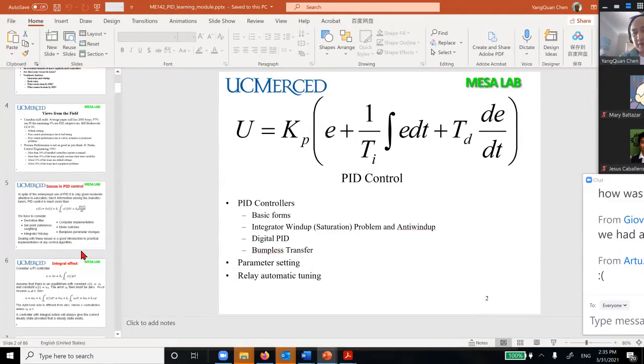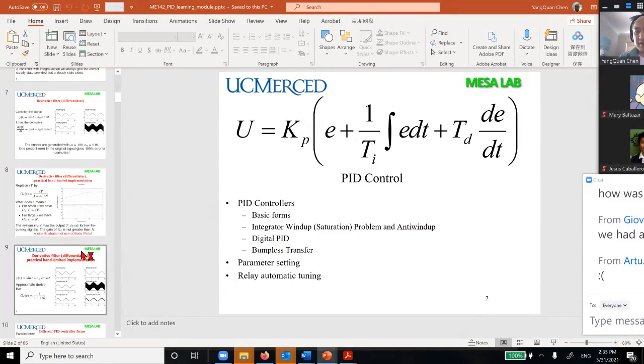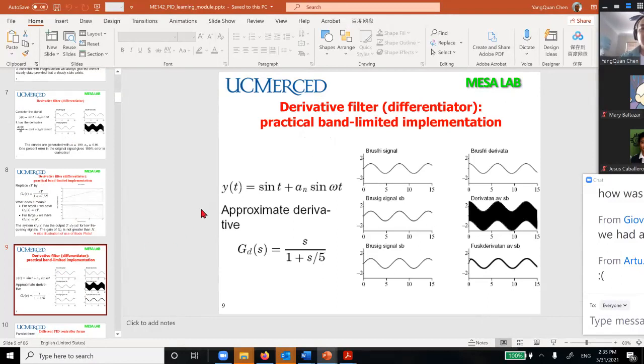We have many other formats, but that doesn't matter. Another thing is regarding the differentiation. The s is a differentiation, and this part is a low pass filter. You can see if you have noise, the amplitude is very small, but after you do a derivative, the noise gets amplified because you have omega here.